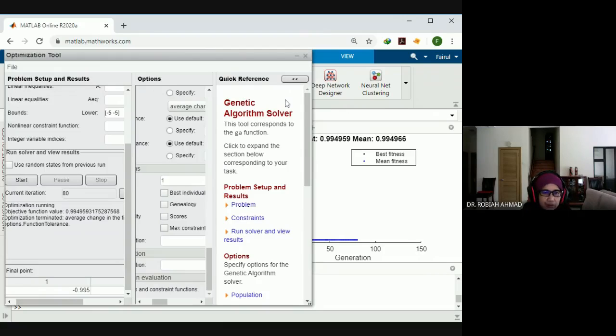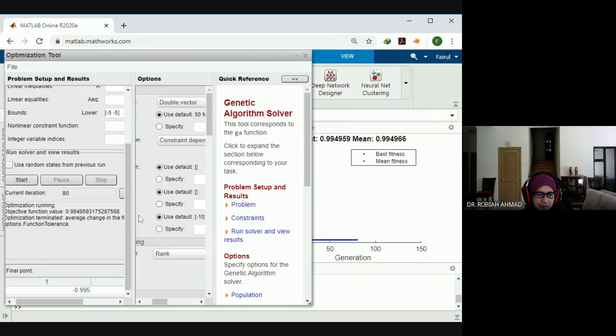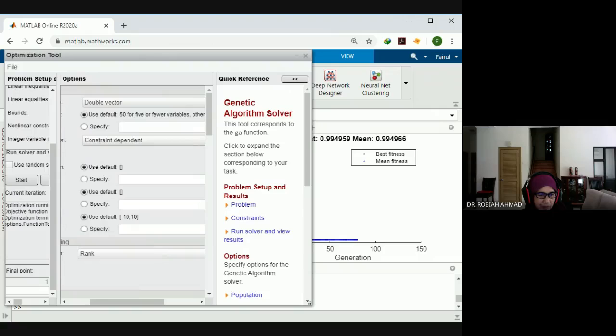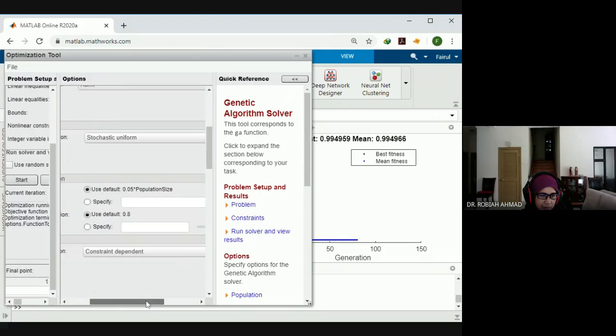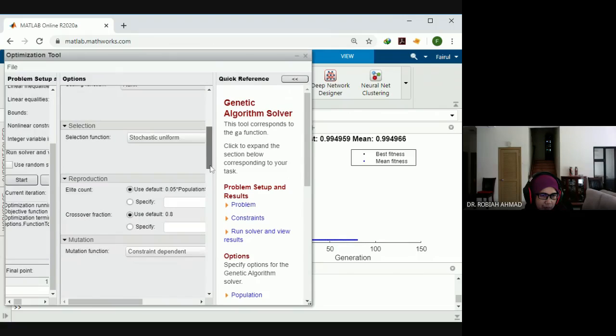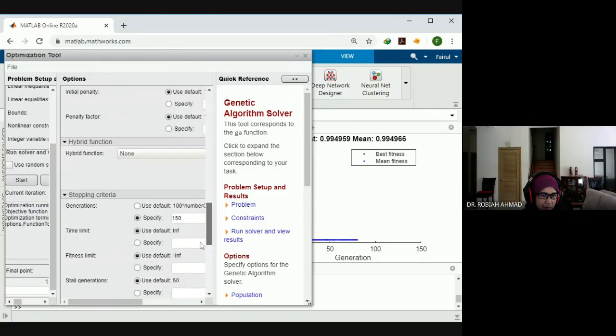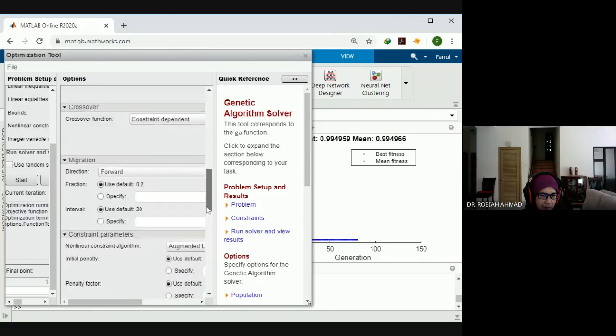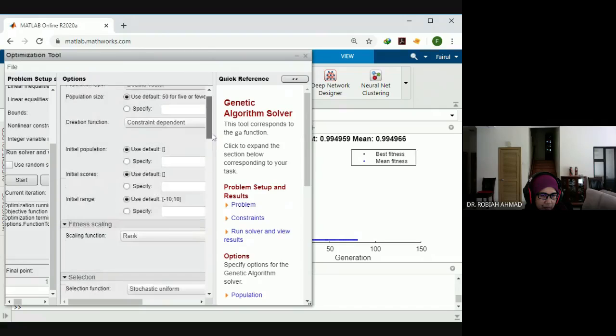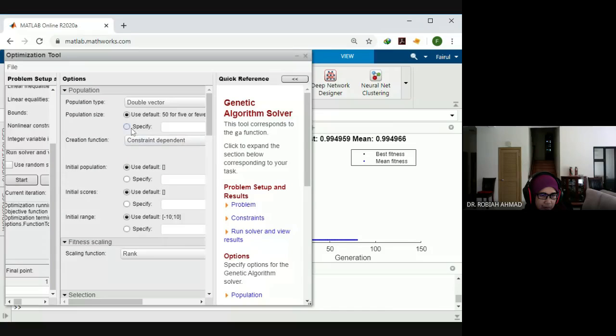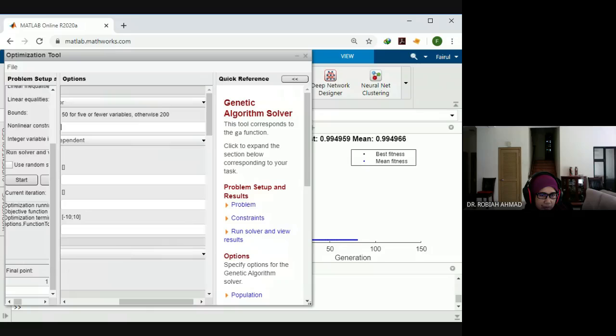Can I see your option for GA? Pakai population size. What about population size? The population size, the number of generations. Yang penting dia population size, number of generation.